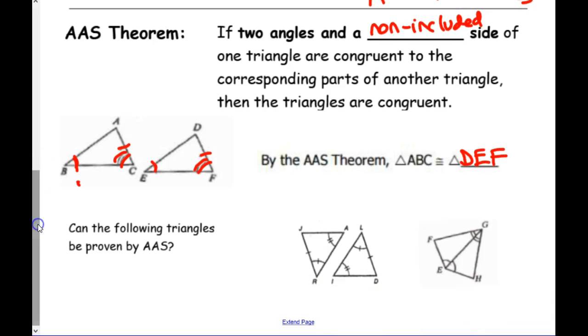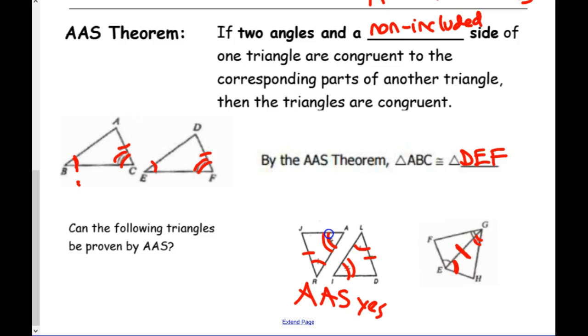So down here, is this one right here AAS? Angle, angle, side. Yeah, AAS. Oh, these are touching, so what do I got to label? That tick mark where they touch, right? So now what is this? Angle, side, angle.